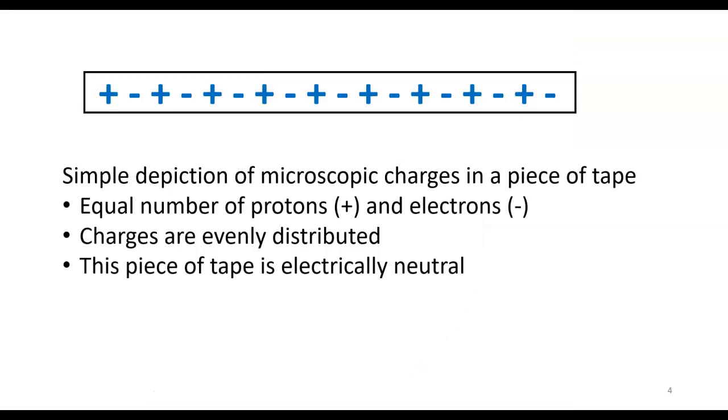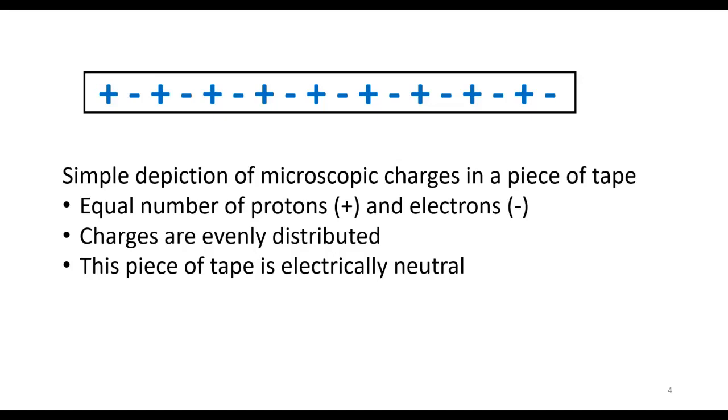Okay, so going back to our pieces of tape for the sticky tape lab, each piece of tape is comprised of atoms, and the atoms have both positively and negatively charged subatomic particles. As a very simplistic way of representing the subatomic particles in the piece of tape, we're going to show plus and minus signs representing the charged subatomic particles that make up the tape.